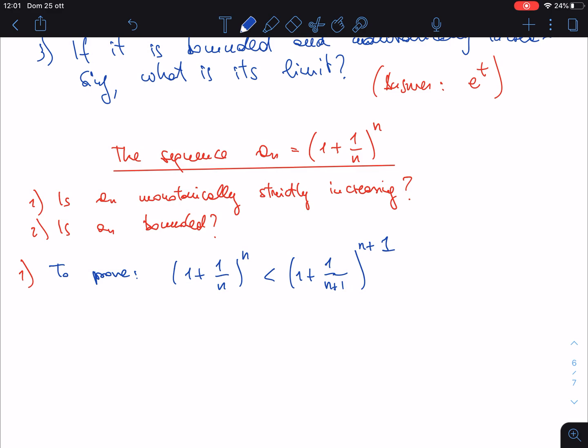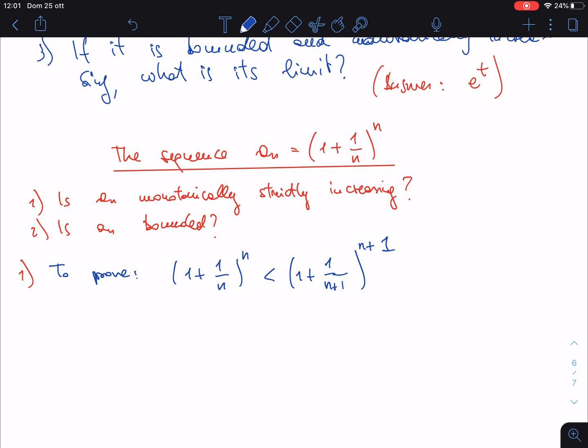Now, notice that this problem is not so elementary, because here there is a basis which is larger than 1, here and here. Here we have n, the exponent is smaller, and this is good with the sign. But the problem is that here the basis with the index n is smaller than the basis with the index n plus 1. So it is very difficult.